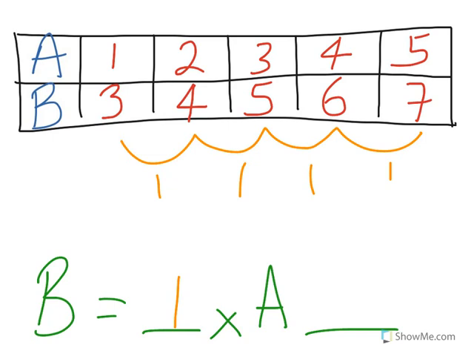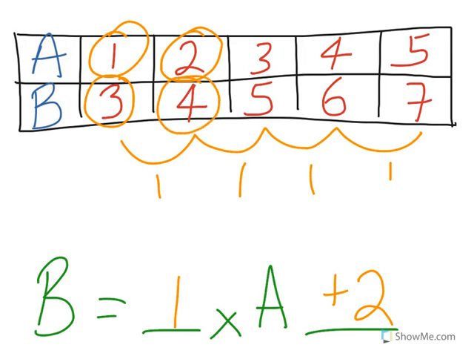Let's check it out. 1 times 1 is 1. That's not equal to 3. We need the bottom equal to 3. So we might need to add 2 to make that work. And let's test it for the next one. 1 times 2 is 2, but then if I plus 2, it equals 4, so that works. 1 times 3 is 3, plus 2 is 5, and if I keep going, I see that it works for each one.